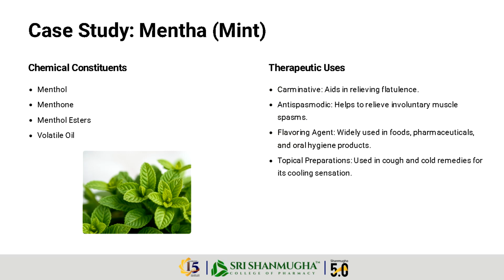Carminative, which means it relieves flatulence; antispasmodic, which means it reduces muscle spasm; flavoring agent in foods and pharmaceuticals; it provides a cooling sensation in topical formulations, and we can also use it in cough and cold preparations. Menthol is one of the most widely used natural cooling agents.